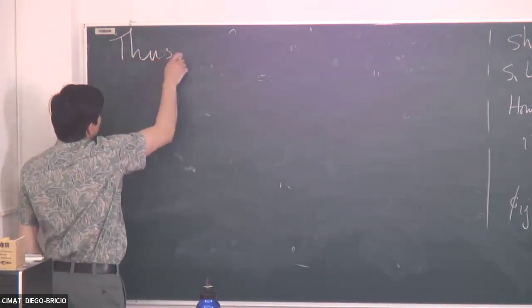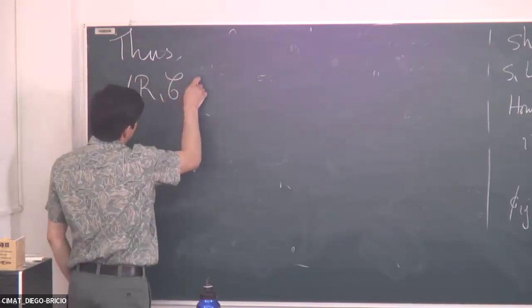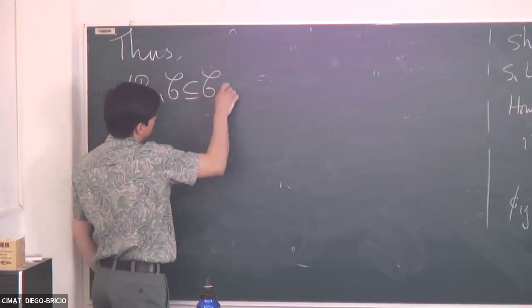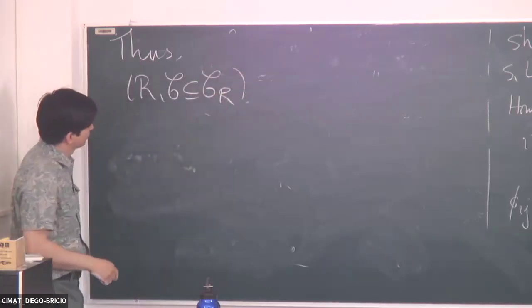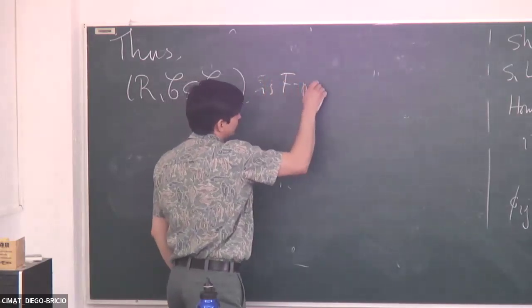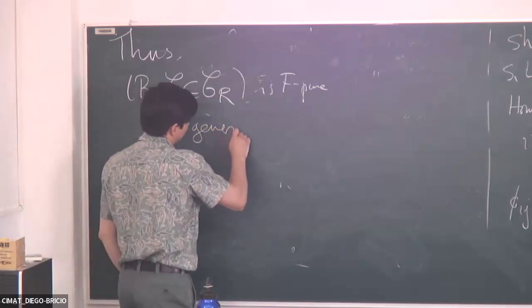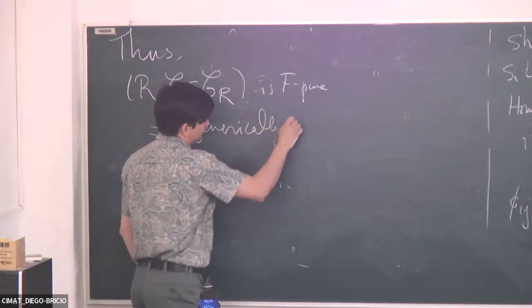Thus, we have to prove that if we have a pair like this, so actually I'm going to assume that C is inside CR, is a pure. If you have an impure pair, then it is generically F-regular.